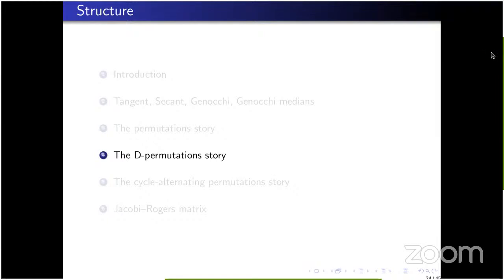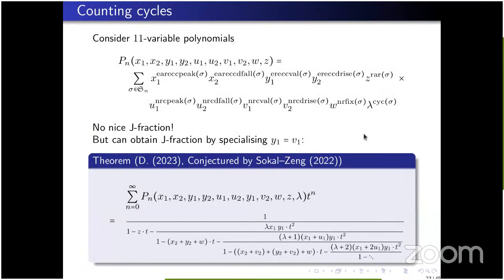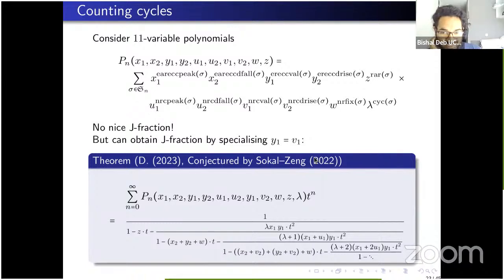So are you going to give any hints about your proof or no? Maybe if I have some time at the end. The proof might be, I mean, Allen and Jiang's paper is a 122-page paper, and although they treat not just permutations, they also talk about perfect matchings, they talk about set partitions.